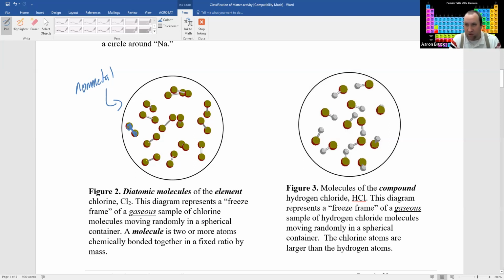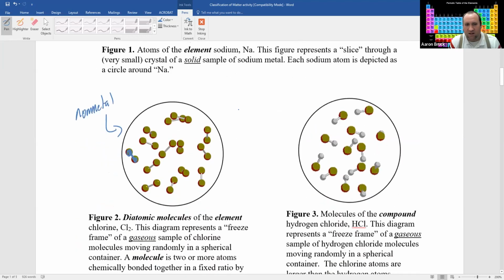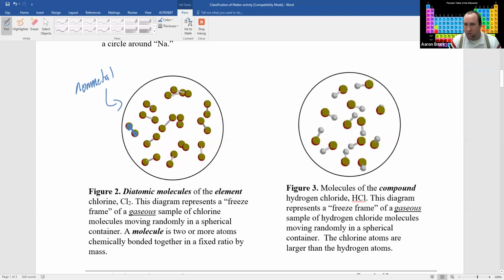We would call the thing that holds them together a chemical bond. So chlorine doesn't exist as individual atoms the way that sodium did. It exists in these molecules, small paired-up arrangements of 2 chlorine atoms that are bonded together.